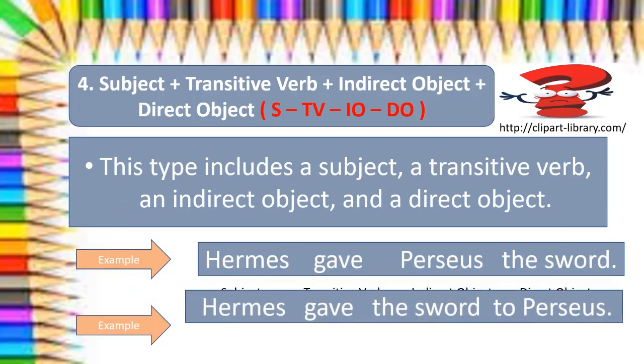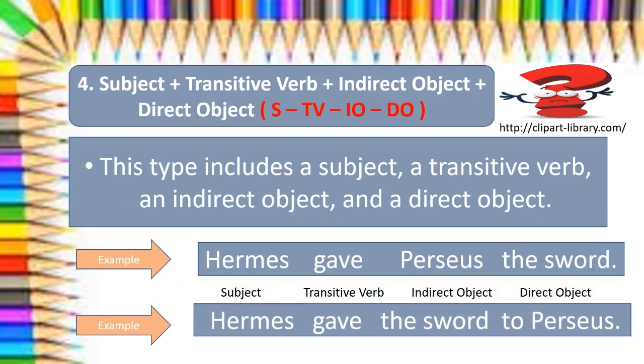Another example, Hermes gave the sword to Perseus. This is also accepted. Subject is Hermes, transitive verb is gave, our direct object is the sword, and to Perseus is the indirect object. Both are accepted. We have the STVIODO or the STVDOIO.